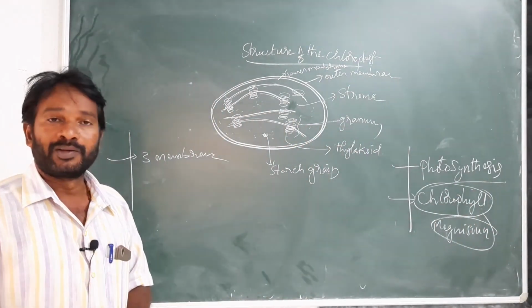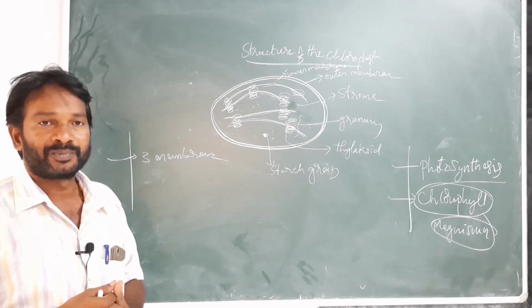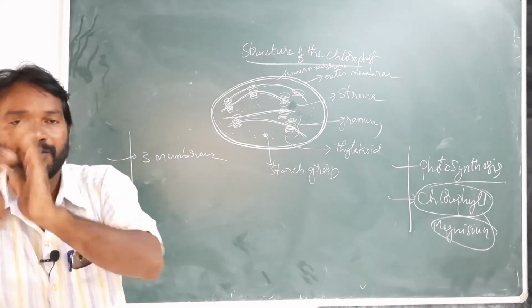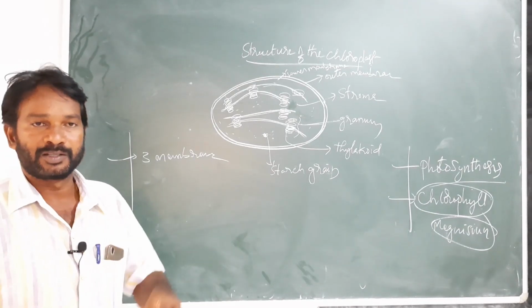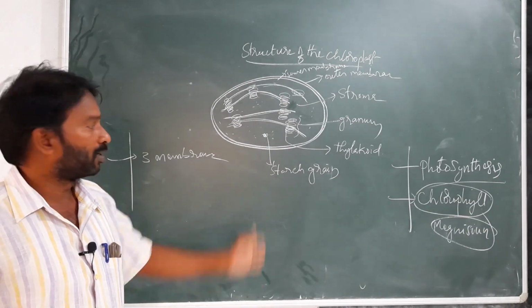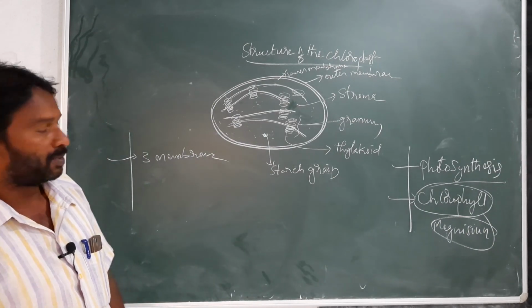This chlorophyll traps the sunlight and prepares the food materials. Light energy is converted into chemical energy, and then food materials are produced. Those food materials are stored in various parts of the plants.